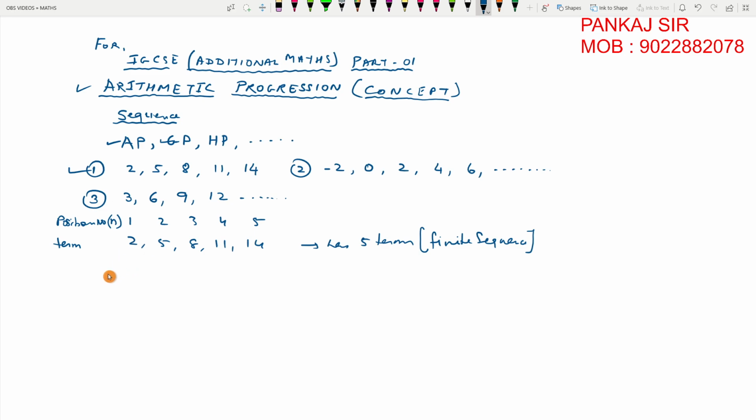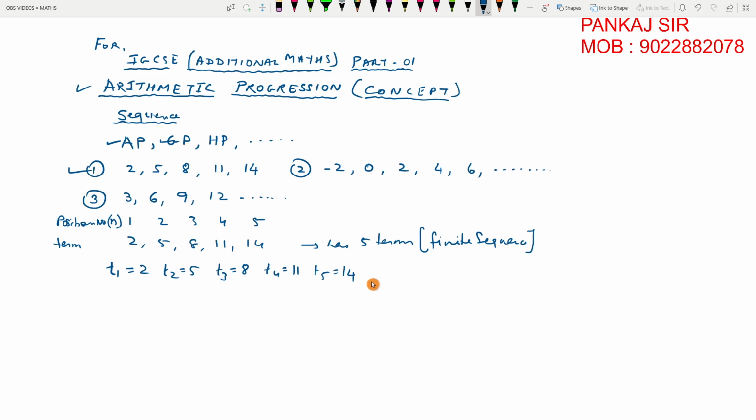This can be denoted like T1 is equal to 2, T2 is equal to 5, T3 is equal to 8, T4 is equal to 11, and T5 is equal to 14. Fine. So these are the first term, second term, third term, fourth term, and fifth term.